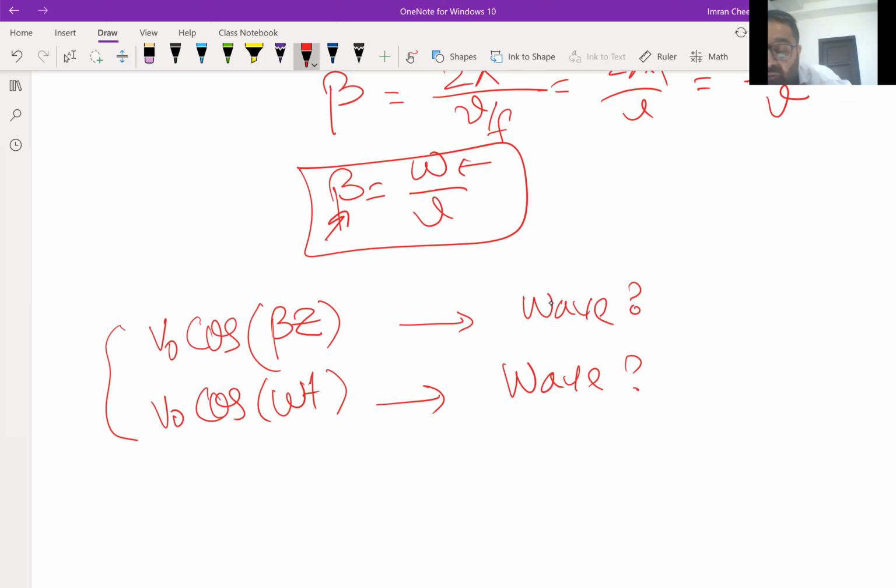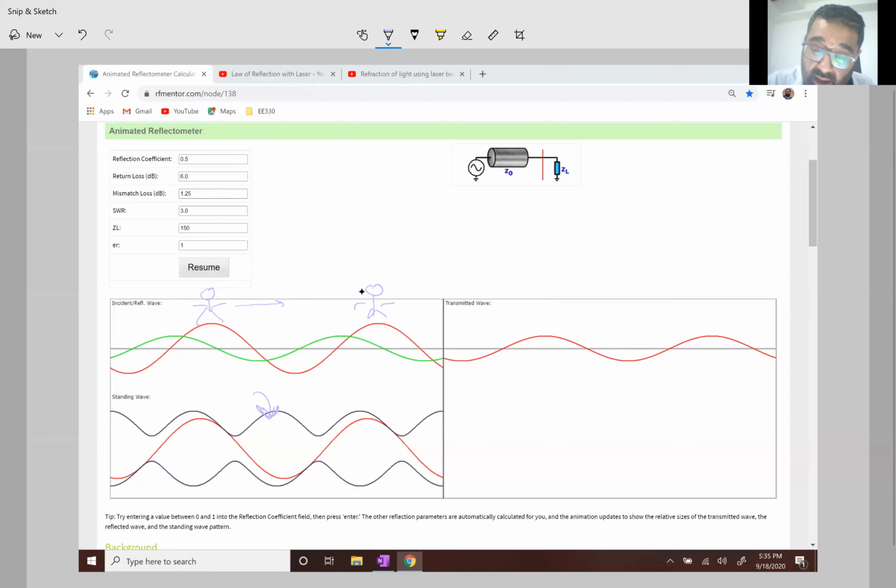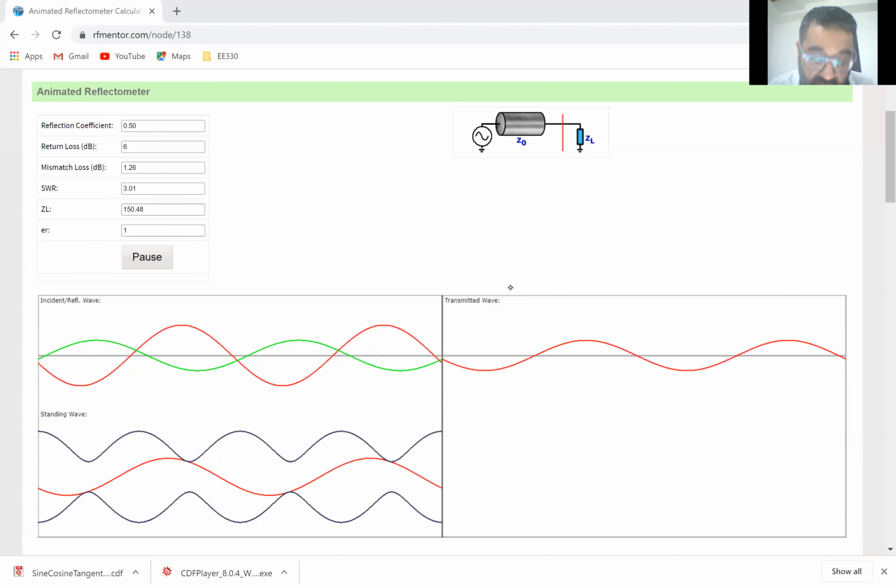Otherwise, the job of a wave is to carry information forward, and that information will only go forward when both time and position change. So again, I'm going to take you here because it's a very fundamental and important point. I know students get confused on this. If you go back to this, imagine yourself sitting on one of those peaks.